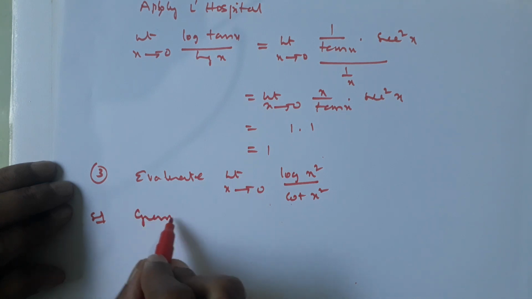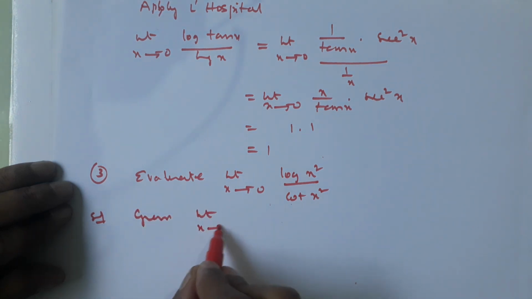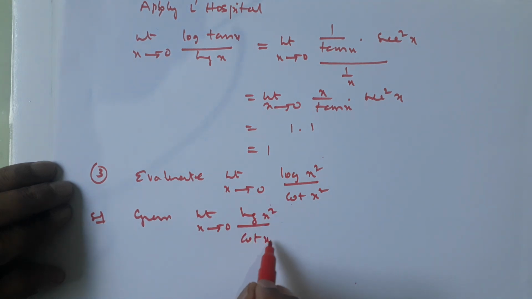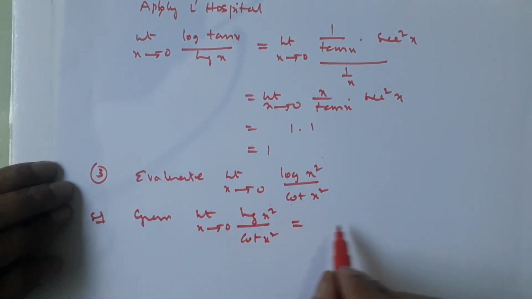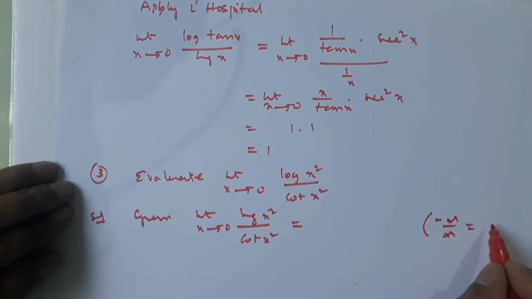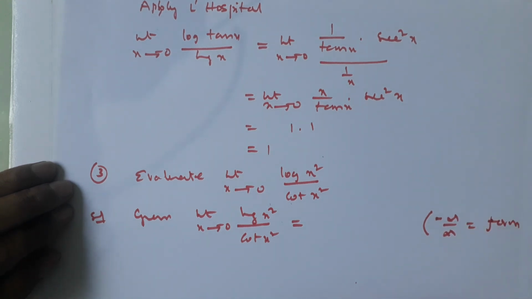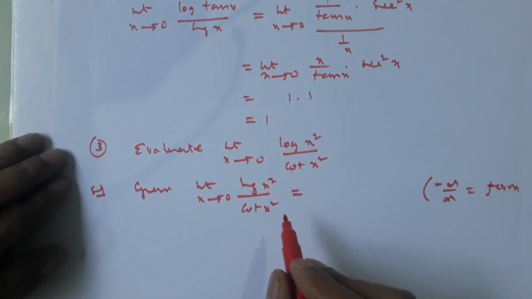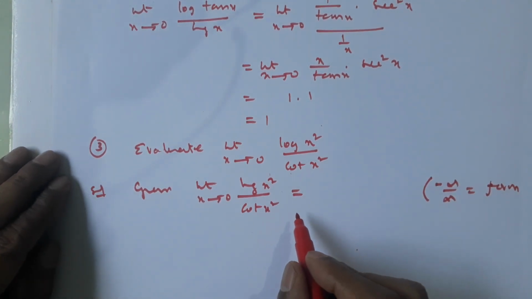Given limit x tends to 0 log x square divided by cot x square. Here log 0 is minus infinity, so it is minus infinity by infinity, that is, infinity by infinity indeterminate form.